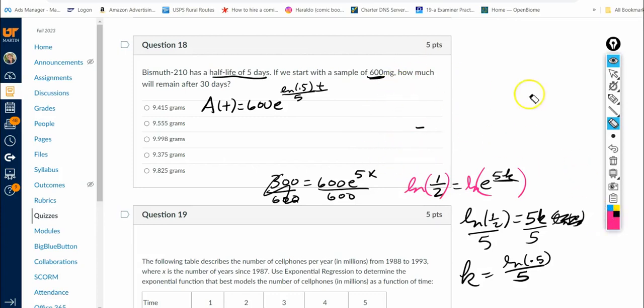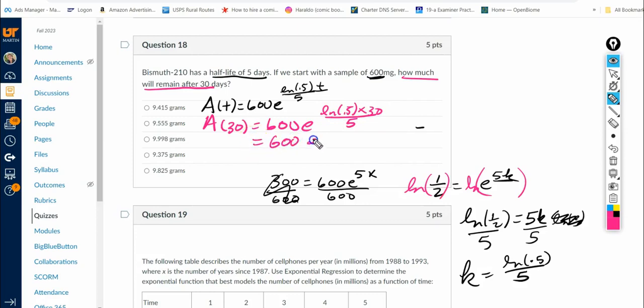So the thing they want you to find, how much will remain after 30 days, they want you to find A of 30. And 30 divided by 5 is 6. So I'll have 6 times ln of 0.5 up in the numerator. And that's going to be my answer.